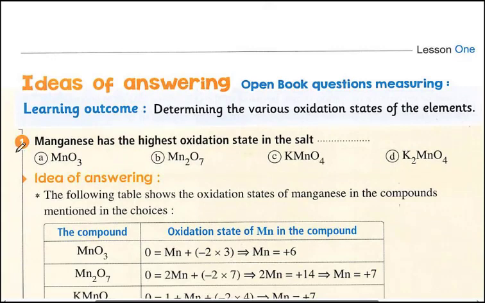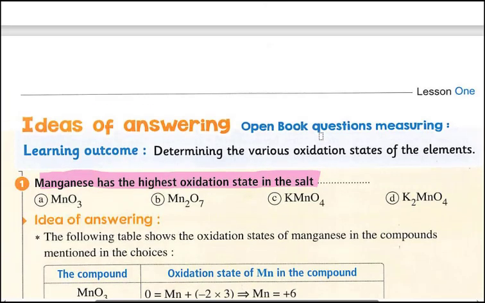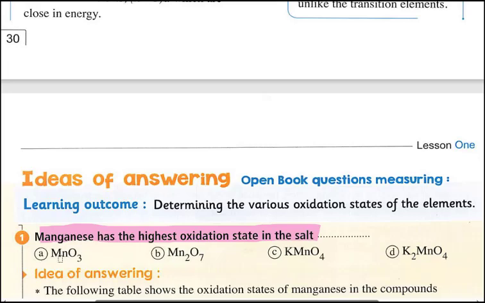Okay, so let's have some questions. Manganese has the highest oxidation state in the salt of... Okay, manganese here, we have to calculate the oxidation state of manganese. We know that each oxide ion has a charge of -2. -2 multiplied by 3 ions of oxygen, so it is -6.